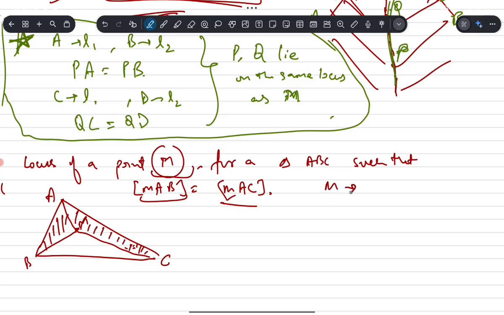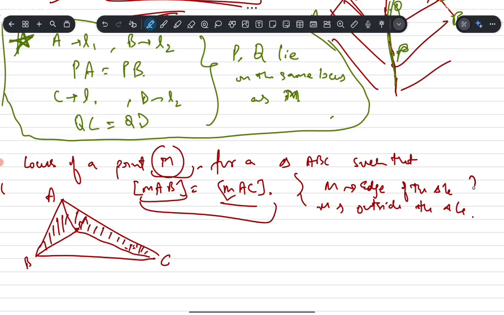M can be on the edge of the triangle as well. M can be outside the triangle. M can be anywhere in space. All we have to follow is this condition. There's no condition provided for M, right? M can be inside as well. These are the three cases that we'll be studying.